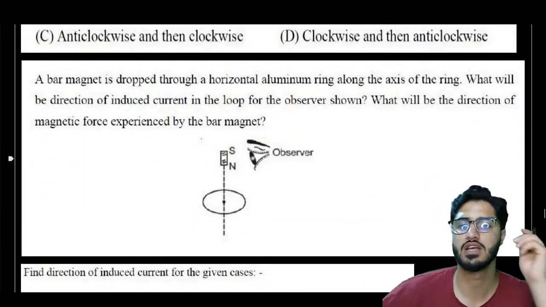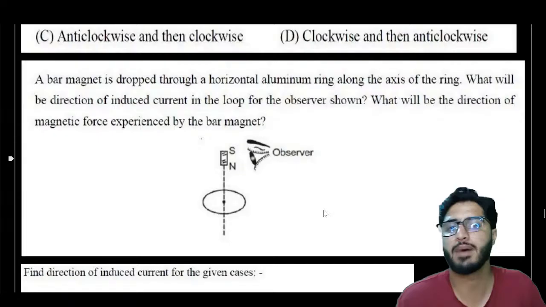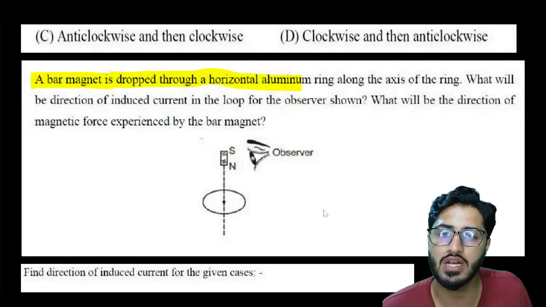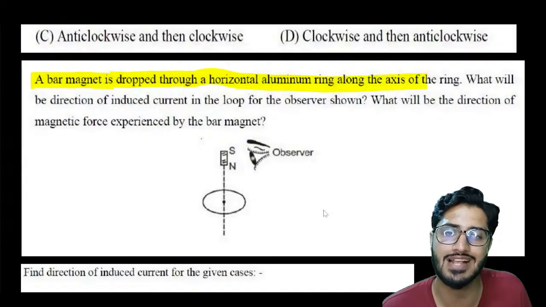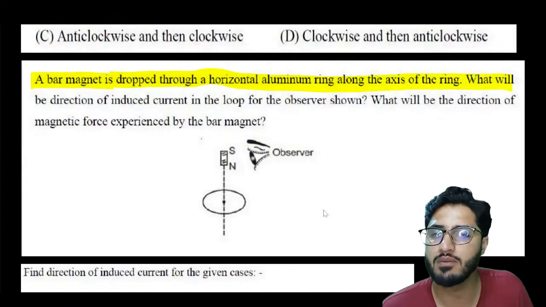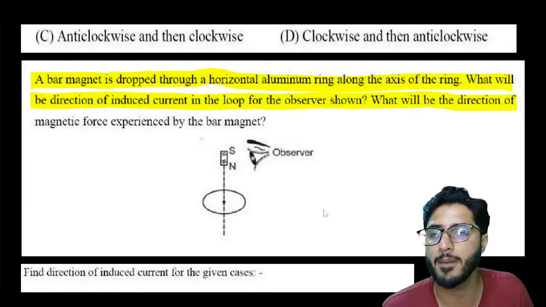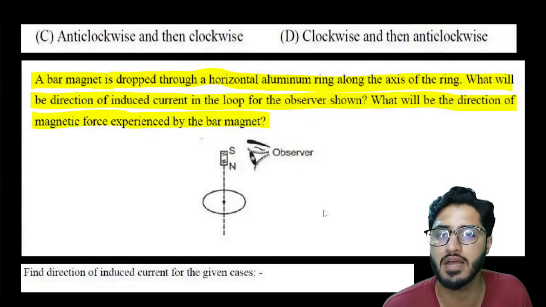See now this one. A bar magnet is dropped through a horizontal aluminum ring along the axis of the ring. What will be the direction of induced current in the loop for the observer shown? What will be the direction of magnetic force experienced by the bar magnet?